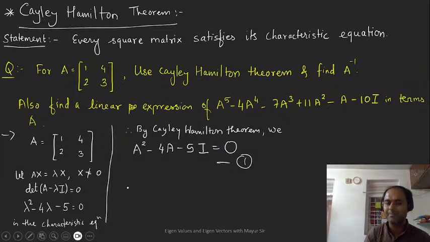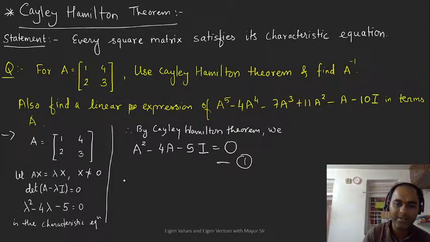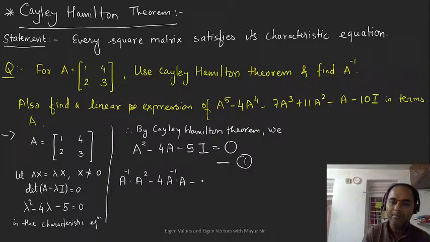This is very easy. In school level, in high school, 11th, 12th, wherever you were able to do this multiplication, right? So you multiply A inverse throughout. So A inverse into A square minus 4 A inverse into A minus 5 A inverse I equals 0, right?